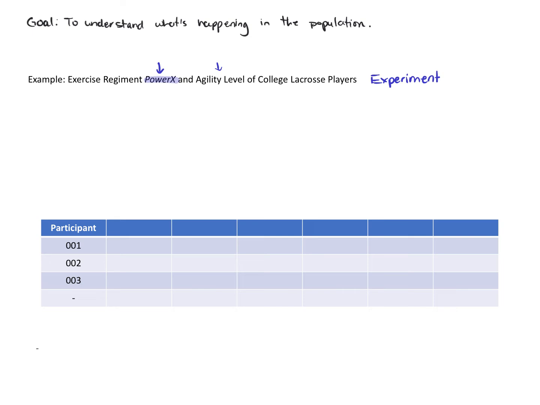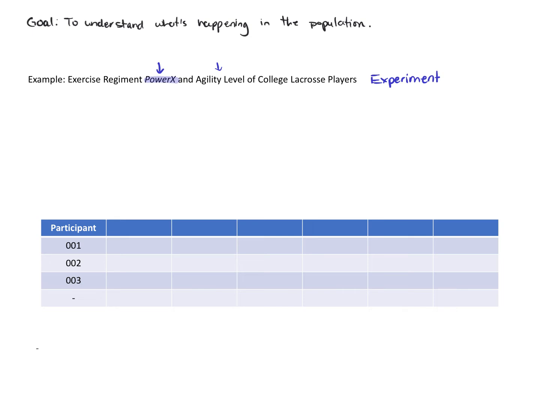So that's an experiment. Another example of an experiment would be if you wanted to test out a drug. You wanted to see if a particular drug maybe helps someone sleep better. So you would have an experiment where you'd have two groups. One group takes the drug, the other group is given a placebo.